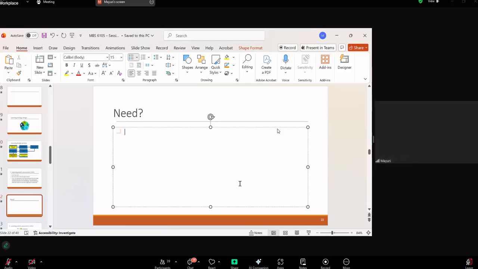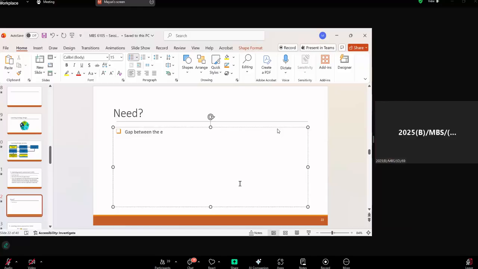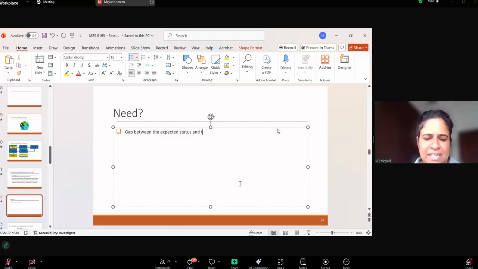It's essential. The gap between the current skill and the expected required skill. That I accept. The gap between the current status and the expected status. Yes. That's a need.